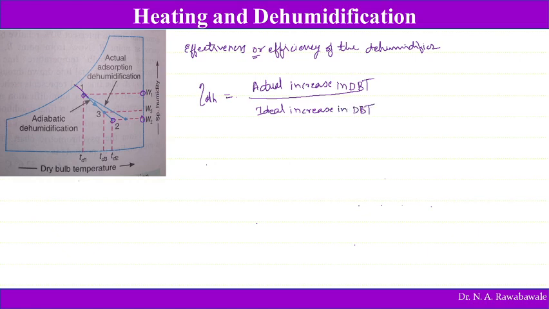The actual increase, if we see, is dry bulb temperature increasing from TD1 to TD3, so the actual increase is TD3 minus TD1. But ideally, it should increase from 1 to 2, so TD2 minus TD1 is the ideal increase. So this is nothing but the effectiveness of the dehumidifier.